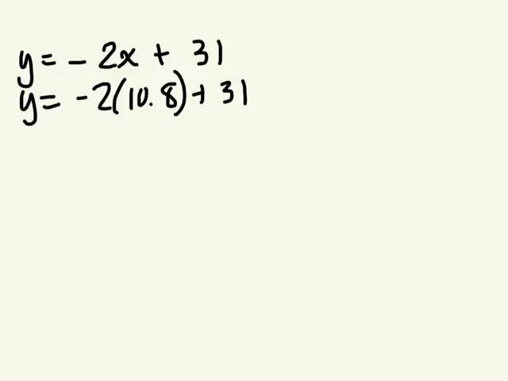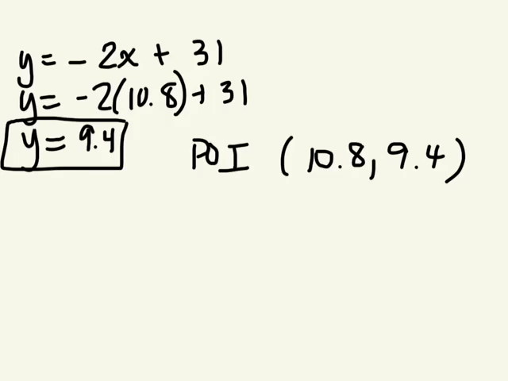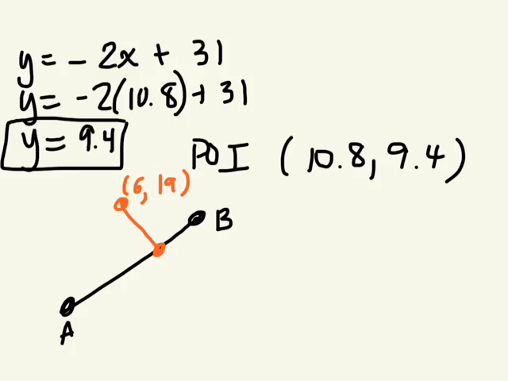Plug in x. What's y equal to? y equals 9.4, which means that the cable wire has to be connected at the point what? What was the point of intersection? 10.8, 9.4.